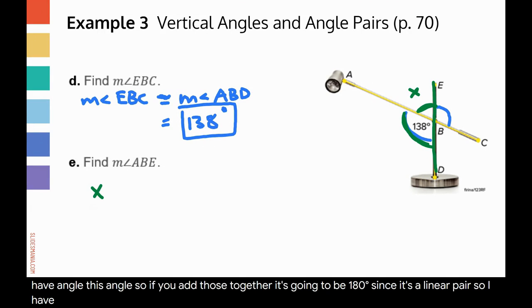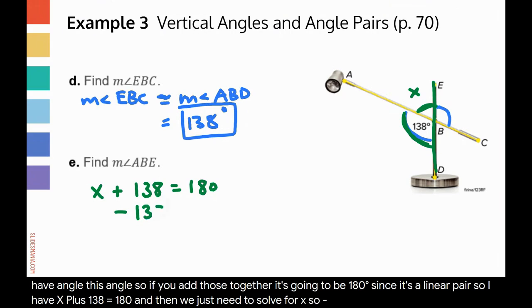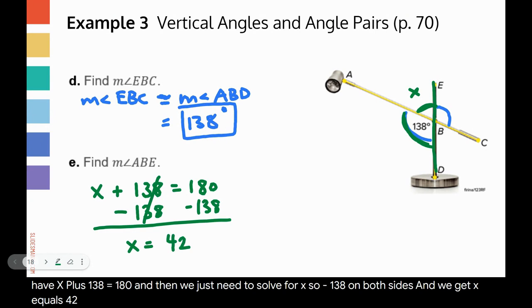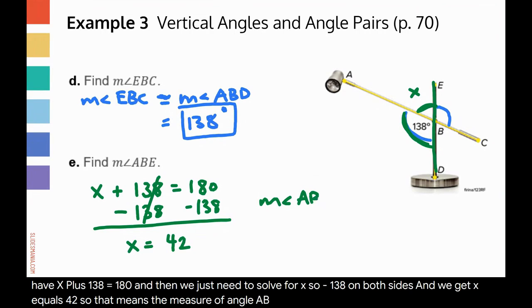So I have X plus 138 equals 180. And then we just need to solve for X. So minus 138 on both sides. And we get X equals 42. So that means the measure of angle ABE equals 42 degrees.